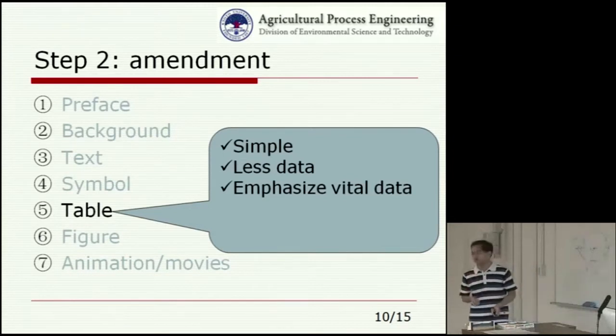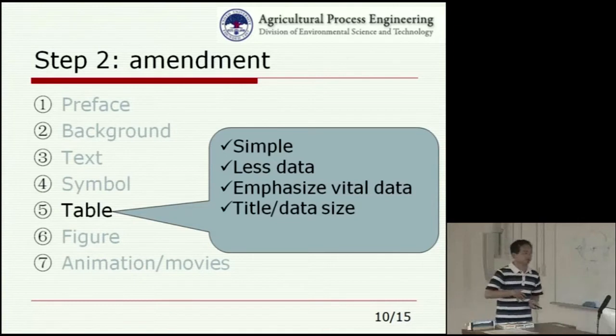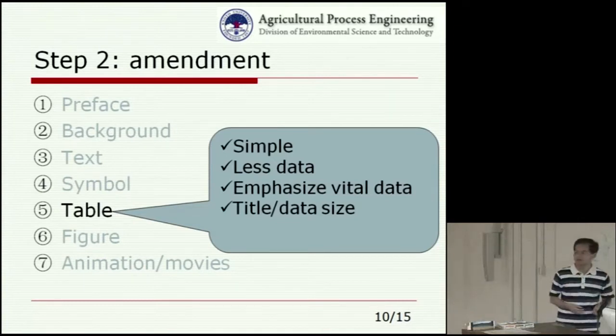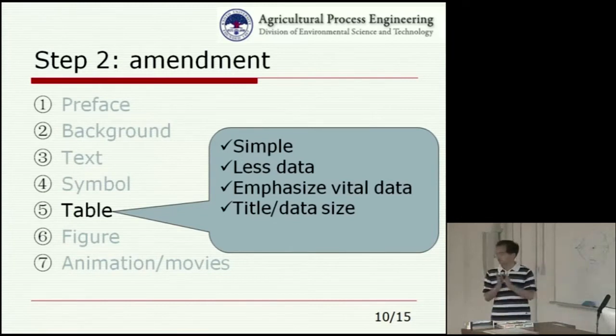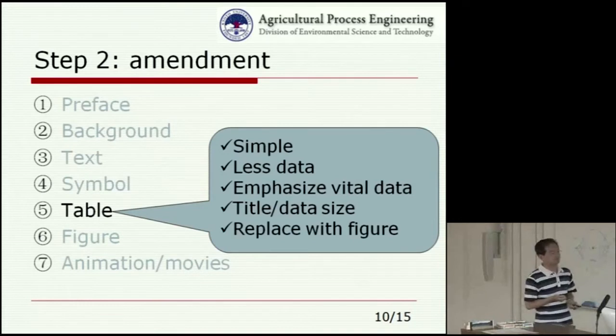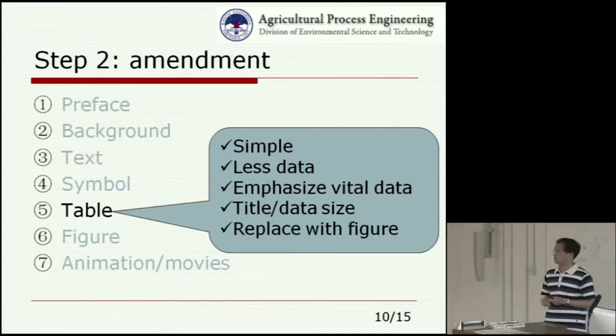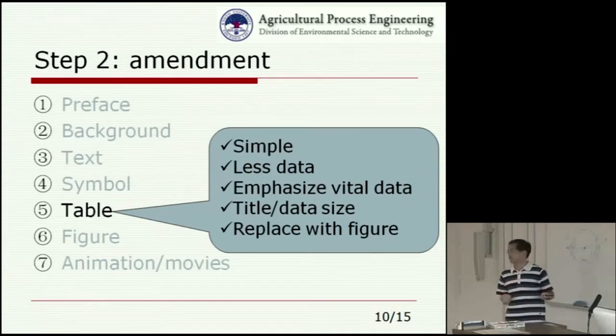And we should emphasize the key or important data. Of course, every table has a title and units. Make sure the size is as big as possible. If it's possible, we should replace the table with figures.